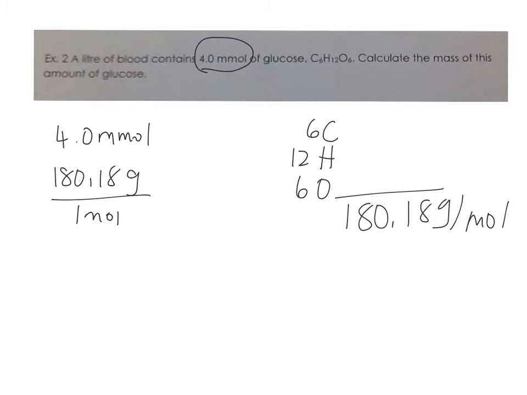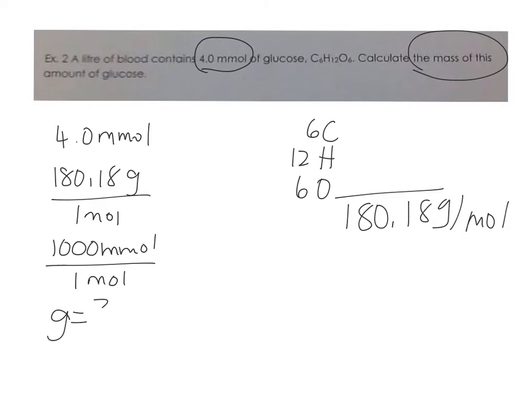I've got a problem here. My value given is millimoles, but my unit for molar mass is 1 mole. So I'm going to have to convert. And I'm looking for the mass, so I'm looking for grams.